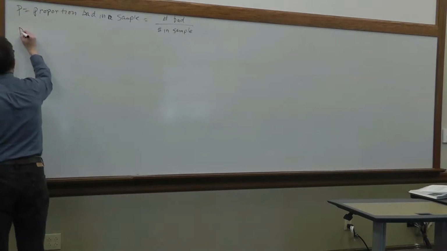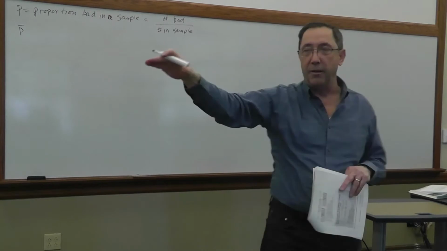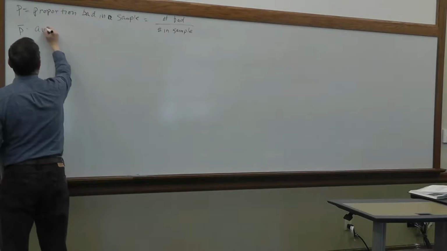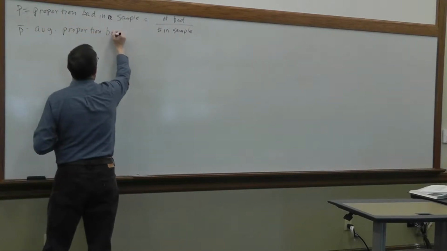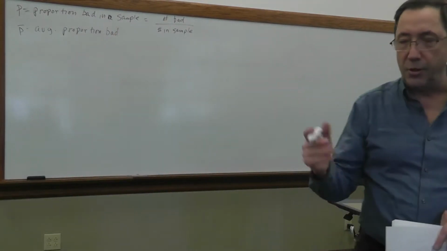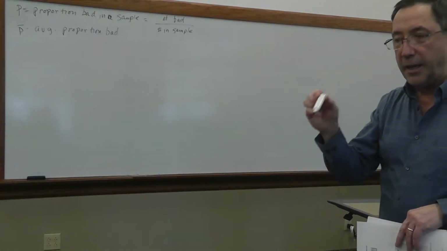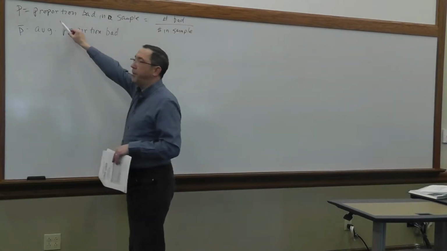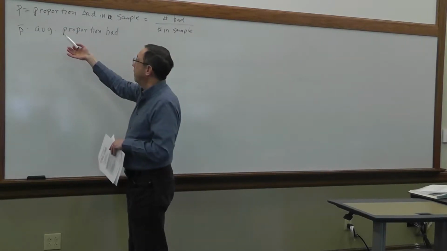P bar, that's our statistic, so the center line is going to be the average of the statistic. P bar in this case, and that's the average proportion bad. There's a couple of ways you can do this. If every sample that you're looking at has the same number in each sample, you can just take the average of the p's, like we do for an X double bar on an X bar chart.